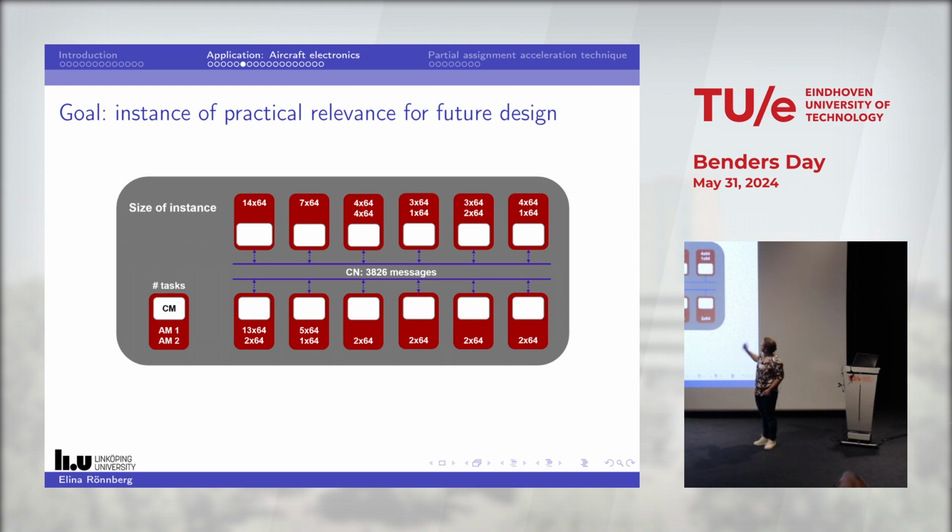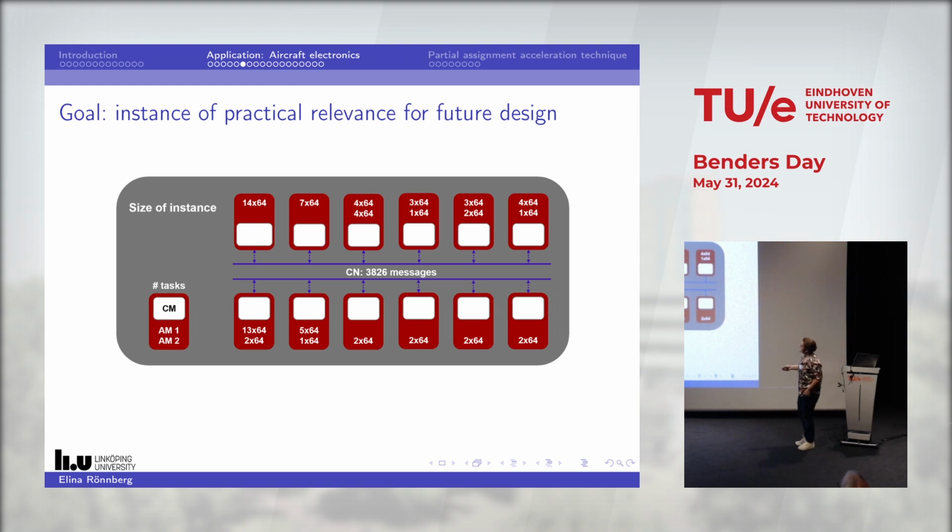On this communication network, it's almost 4,000 messages to schedule, and that's okay. In the red boxes we have the application modules. Here we have 14 tasks scheduled 64 times on this application module, and here it's 2 application modules with just 4 tasks each, and so on.